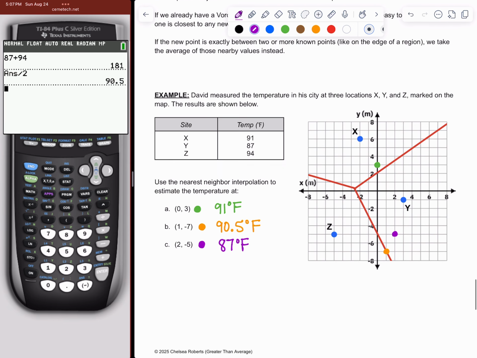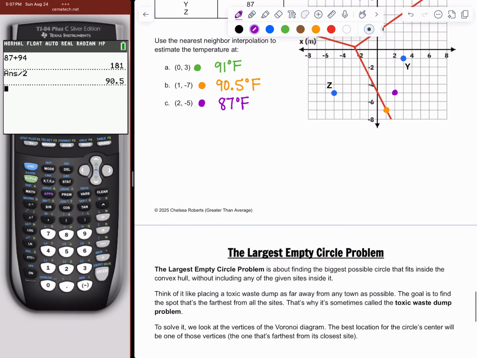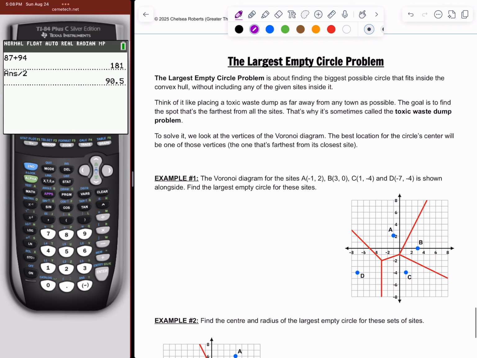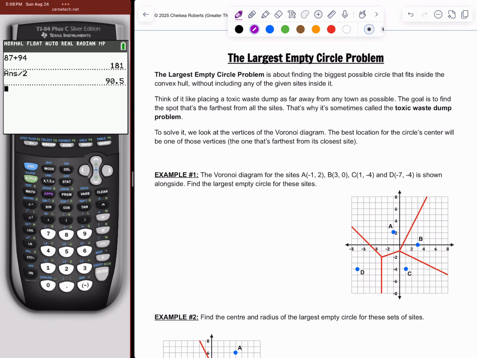Okay. All right. So let's talk about the largest empty circle problem. The largest empty circle problem is basically about finding the biggest possible circle that is going to fit inside of a Voronoi diagram or an area or region without having any of the sites inside of it.